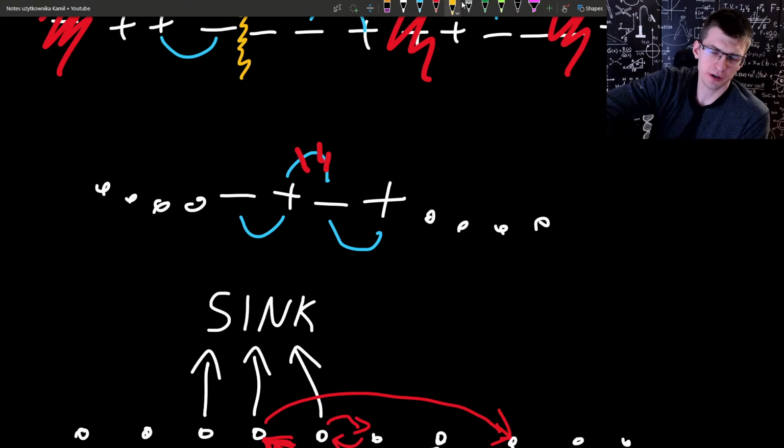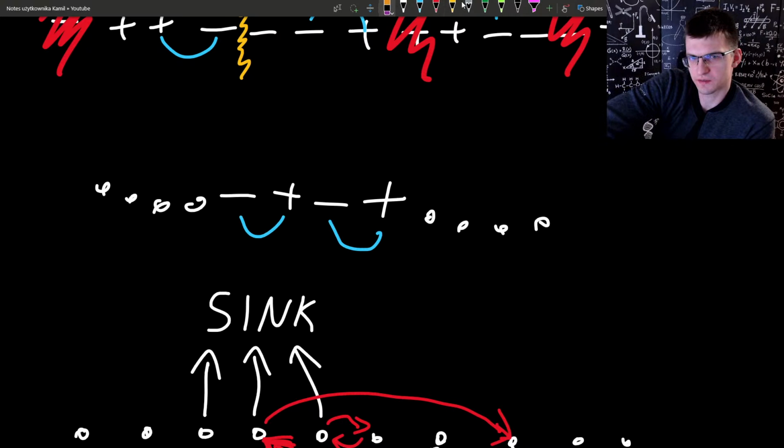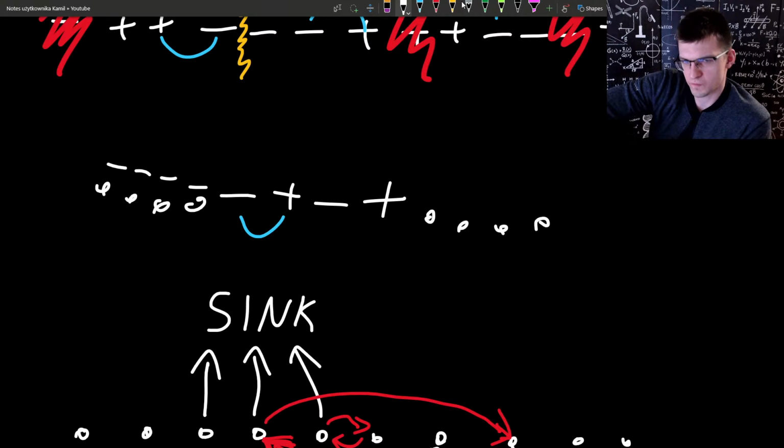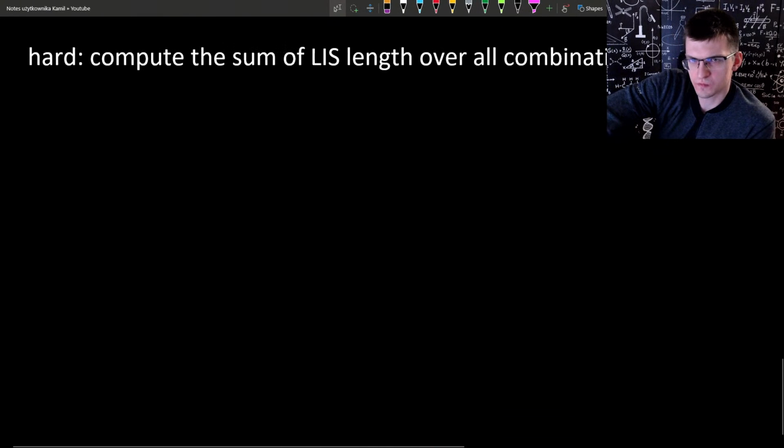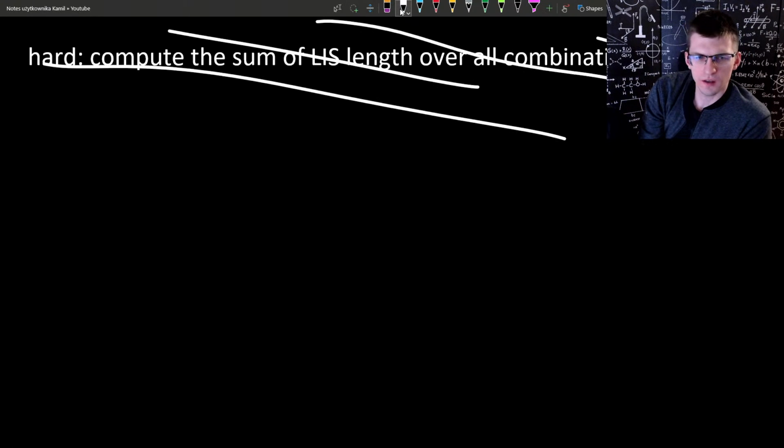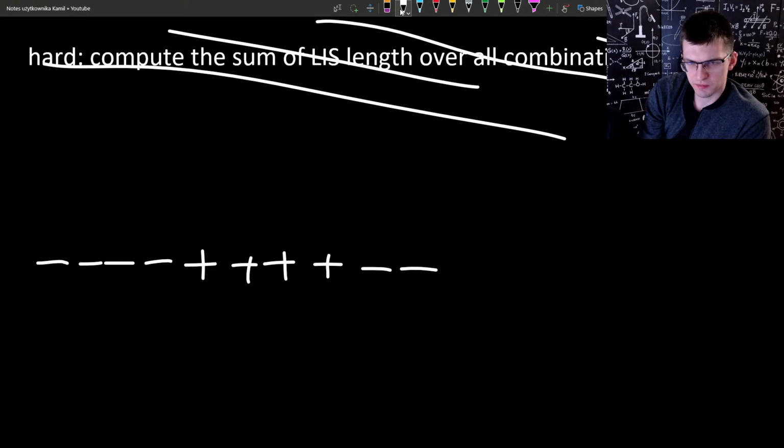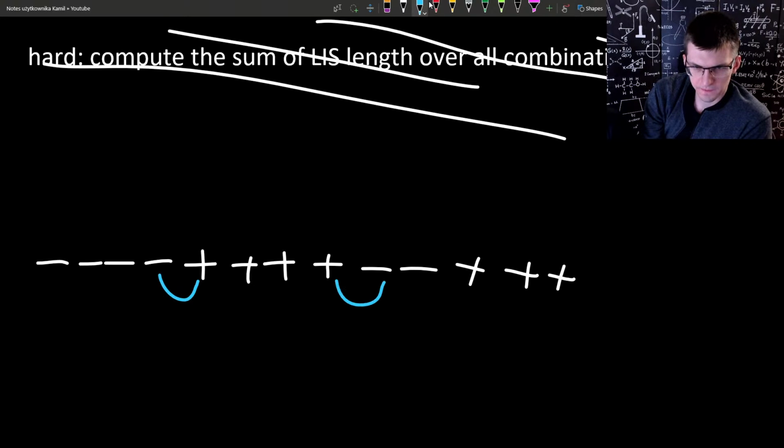But going from left to right, I believe it is correct to combine the first minus with the first plus. So this left connection is fine if the prefix was all minuses. Then this doesn't matter. There are minuses, then pluses. Minus, plus, and so on. I think that this is a good connection. This is good.